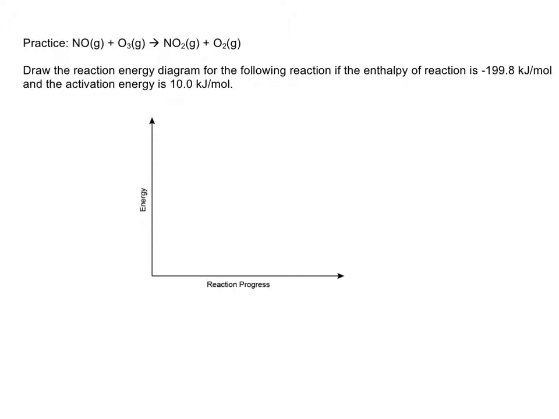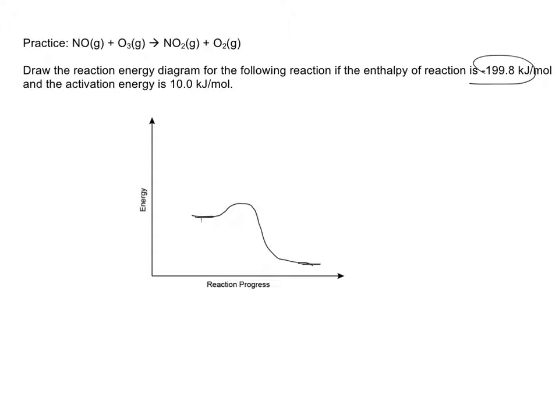Okay, so hopefully you've done it at this point. So the enthalpy of reaction is negative, so that tells us that we're going to go down in energy as we go from reactant to product. Okay, and the activation energy is quite small, actually. It's only 10, so relative to the 200 of the other one, it's going to be a pretty small hump that has to be gotten over.